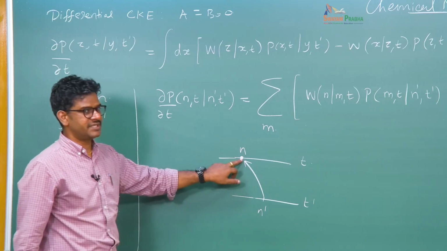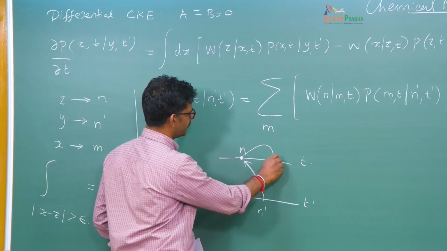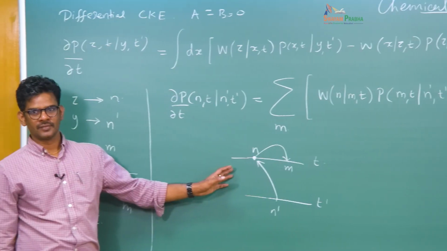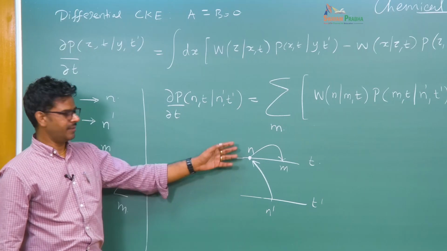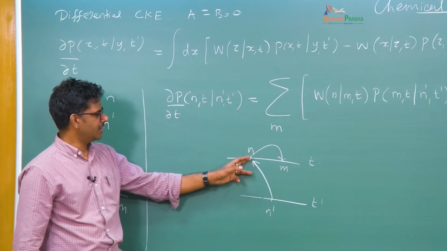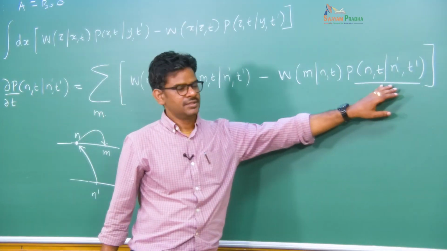And suppose this state jumps to something else, let's say it goes to some m, this would be a loss. During this time, a certain number of states at n comma t may jump to some other m. So that is what this flux is.